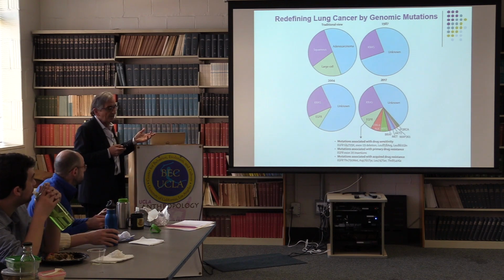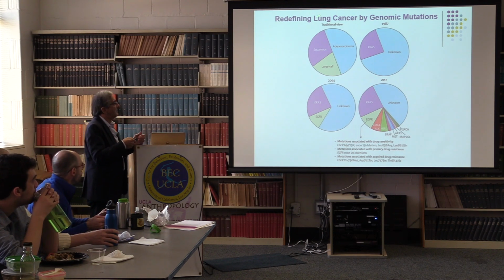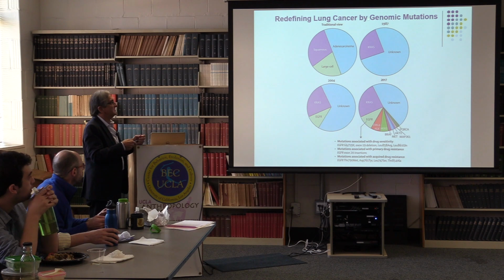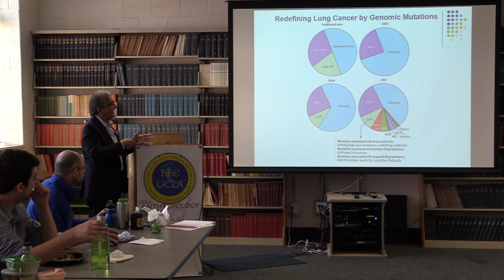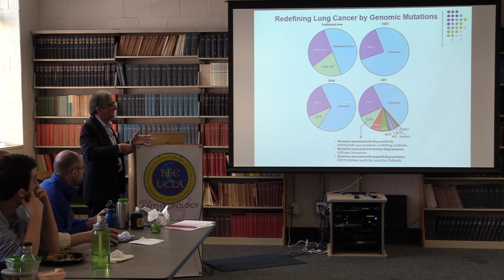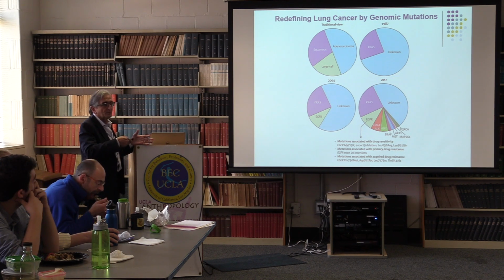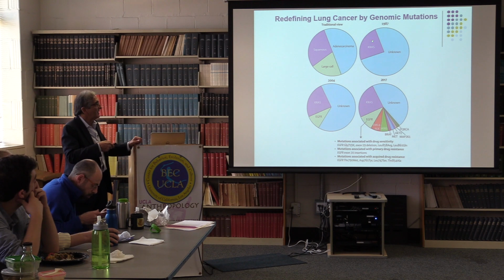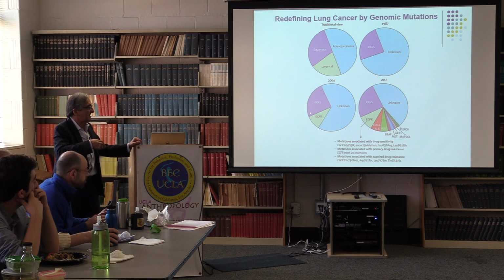And here's an example, the number one cancer, lung cancer. And you can see the various ways in which it has been defined over the years, beginning based upon the cellular appearance under the microscope, to the beginnings of understanding of individual genes. These are genes that are mutated in a large number of lung cancers.